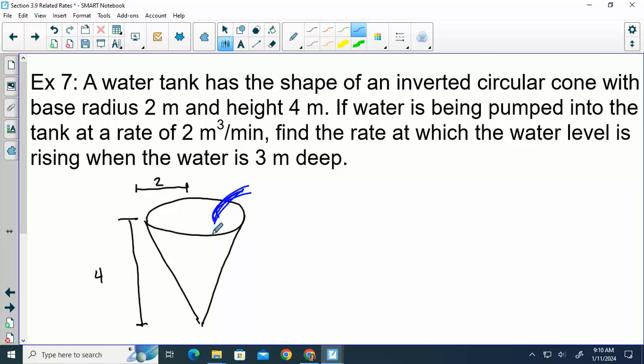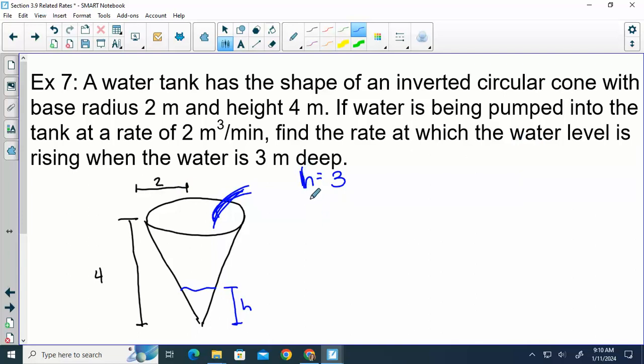We've got water coming in, and as that happens, the water level is rising. Is the height of this water constant or changing? Changing. So this is my height, and I know at the one particular instant we need, the height is 3.